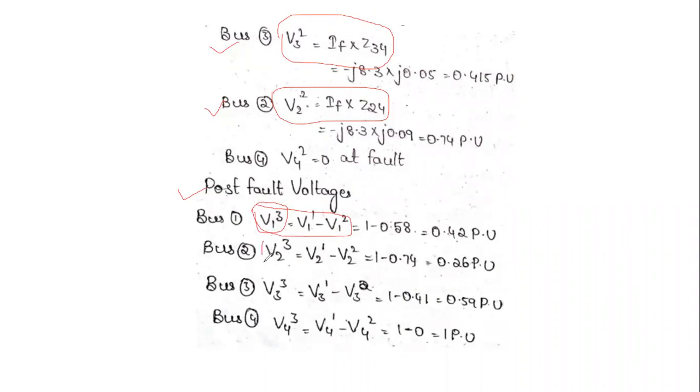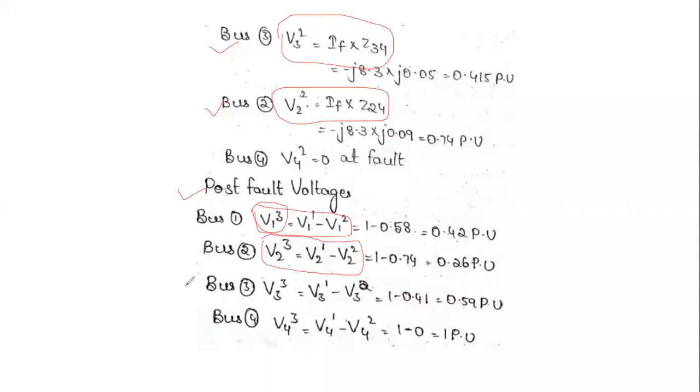And this is the formula for calculating the post-fault voltage at bus 2. V2 power 3 is the voltage at bus 2 during post-fault condition, which is equal to the voltage at bus 2 during pre-fault condition minus the voltage at bus 2 during fault condition.